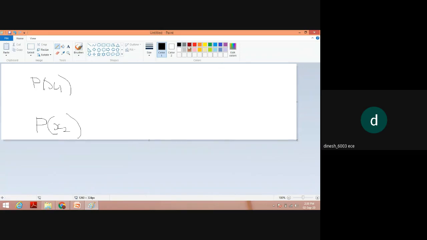Outputs, P of y1, P of y2. This is how to draw the channel diagram.